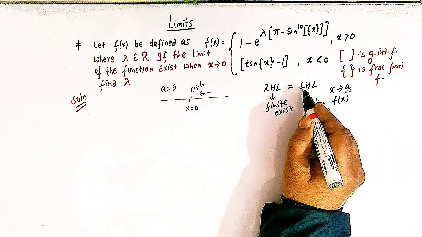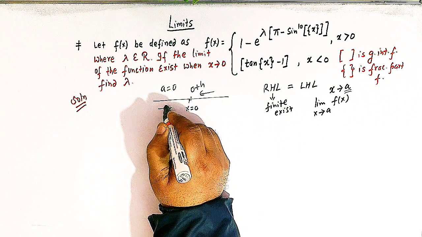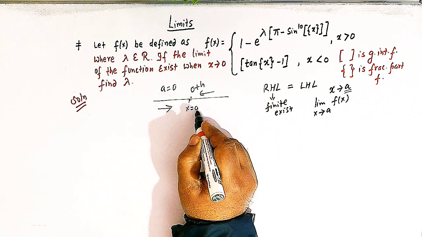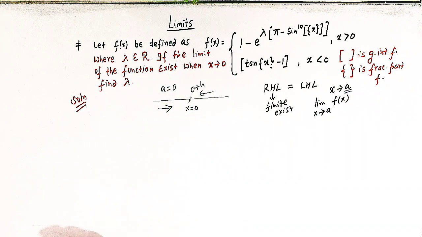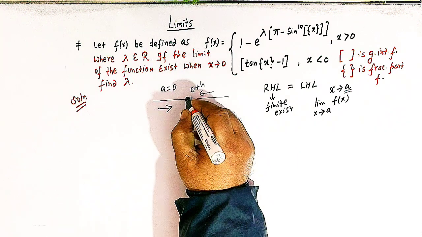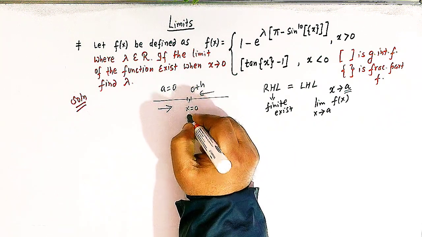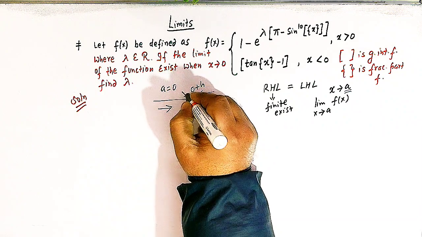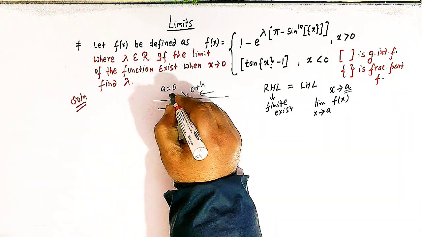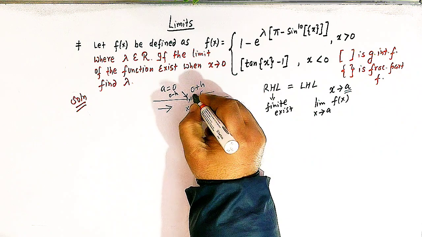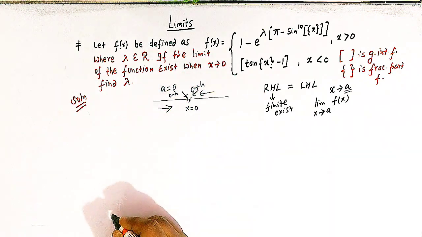And when we find out the left hand limit, we approach towards x is equal to 0 from the left of x is equal to 0, and we take a point in the left neighborhood of x is equal to 0, and this point may be taken as 0 minus h.